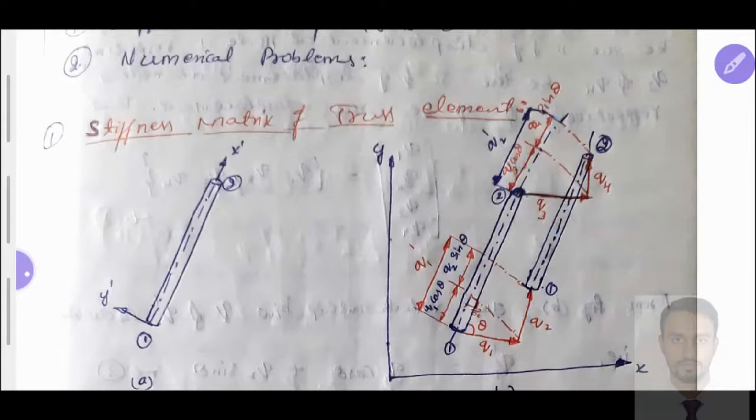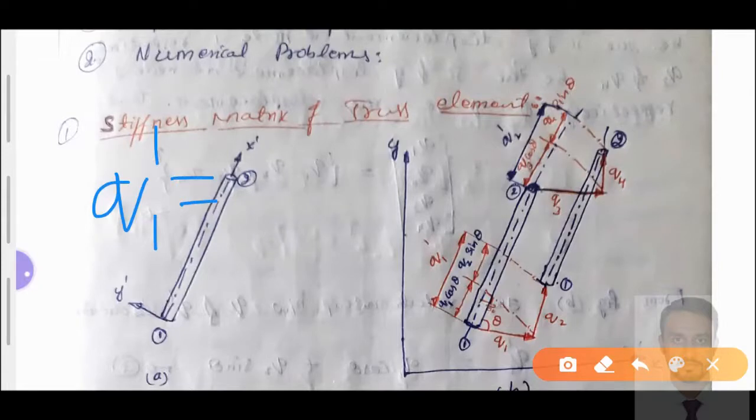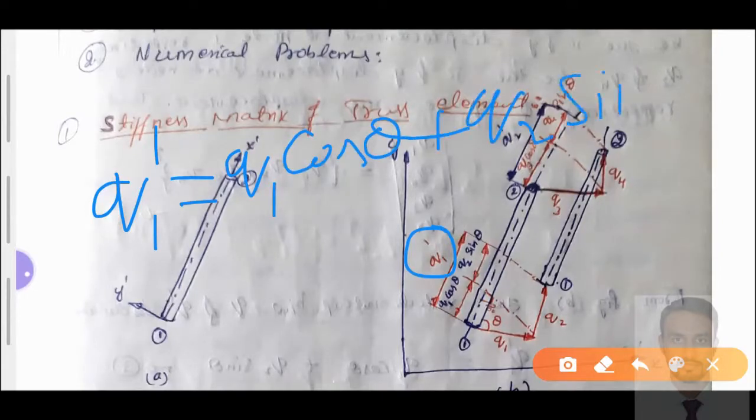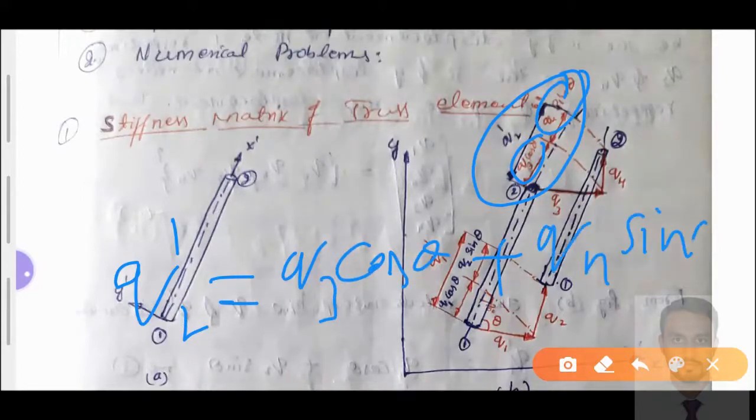So now what is this q1 dash? q1 dash is equal to q1 cos theta plus q2 sin theta. Similarly, q2 dash is equal to q3 cos theta plus q4 sin theta.